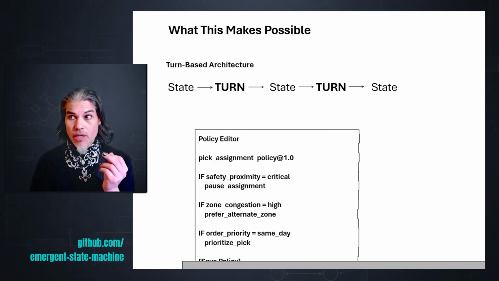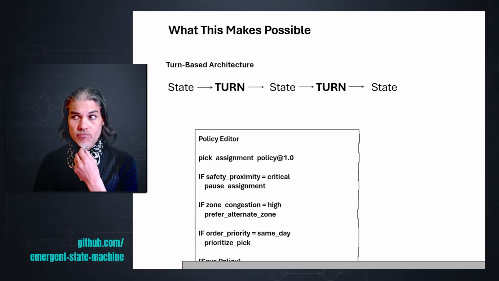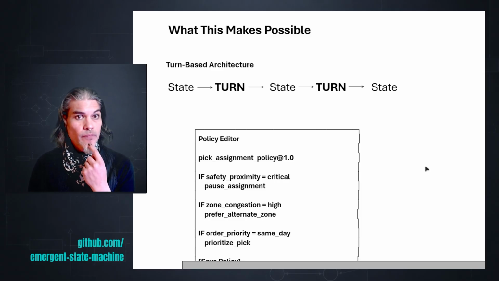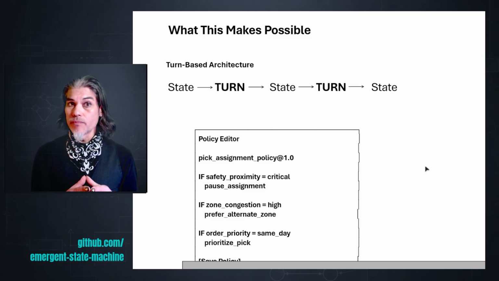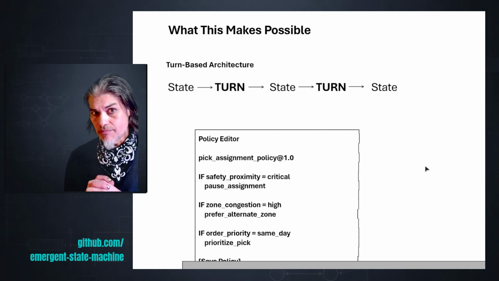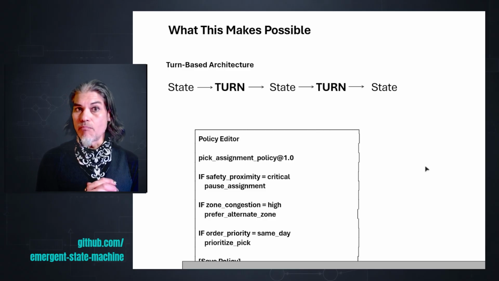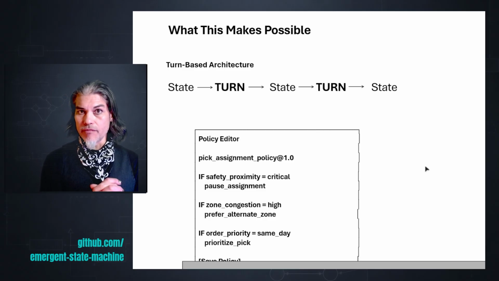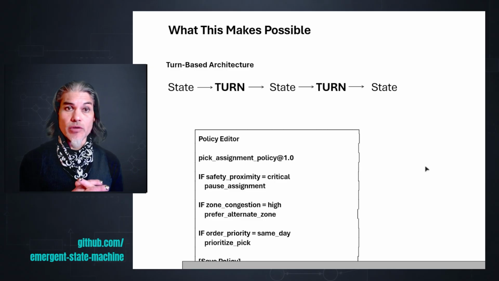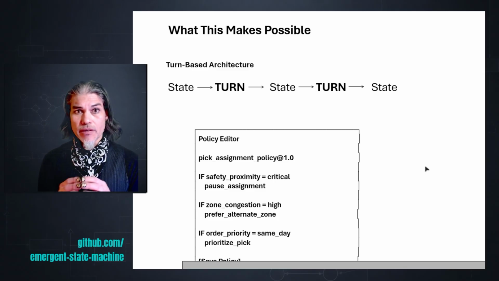Now, engineers close to the operation can adjust system behavior using direct observation and professional judgment. They can also get more out of optimization systems, because in ESM, we separate model behavior from policy behavior. And by now, you can probably see why that separation matters.